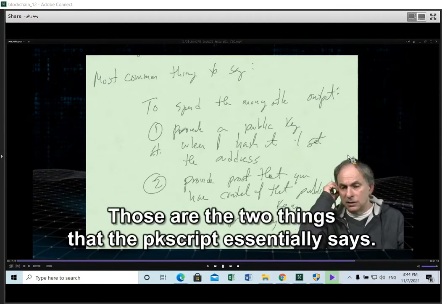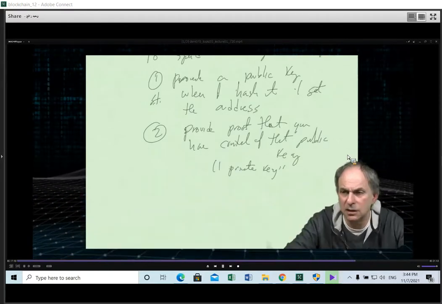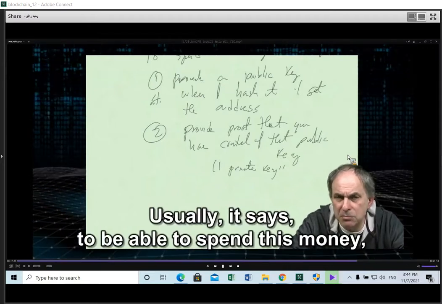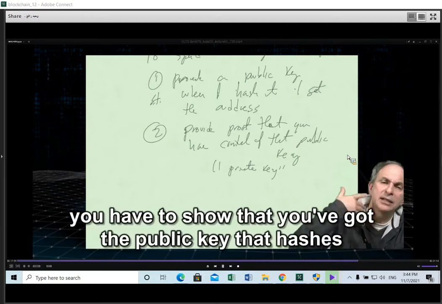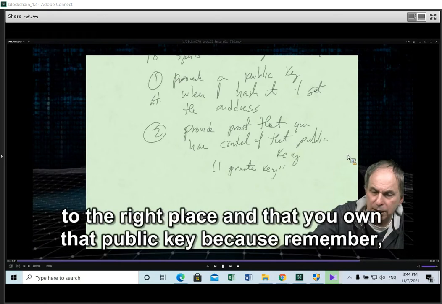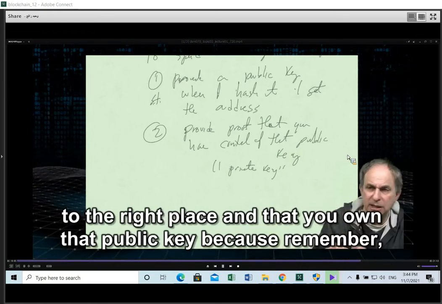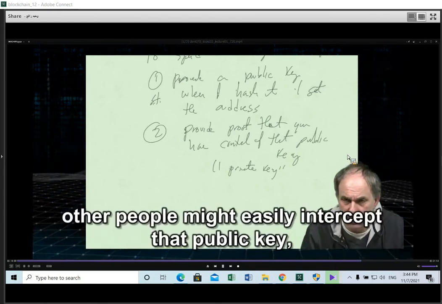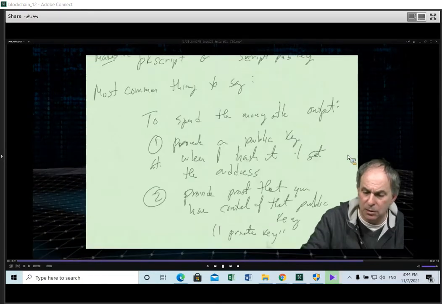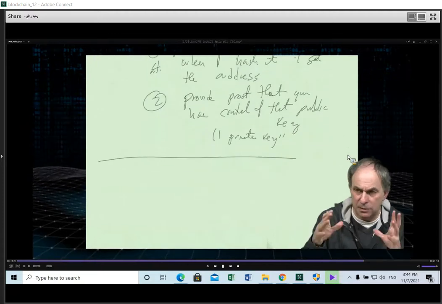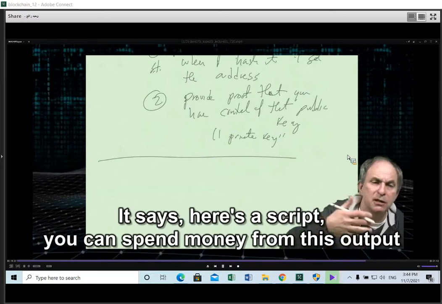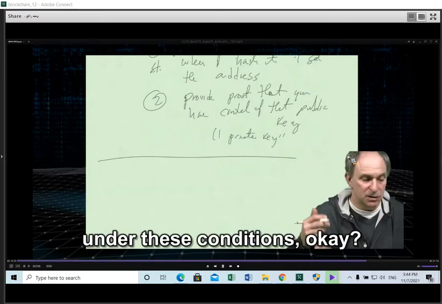So those are the two things that the PK script essentially says. Usually it says, to be able to spend this money, you have to show that you've got the public key that hashes to the right place, and that you own that public key. Because remember, other people might easily intercept the public key, so you have to prove that as well. So that's the second thing we've done. And that's essentially what putting the money on an output means. It says, here's a script, you can spend money from this output under these conditions, okay?